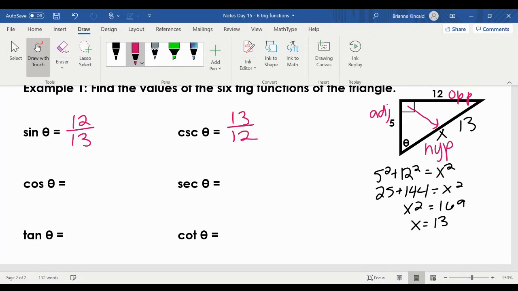Cosine, the adjacent over the hypotenuse, that's 5 over 13. Reciprocal of cosine is secant, so I flip it, it becomes 13 over 5. Tangent, the opposite over the adjacent, 12 over 5. Reciprocal cotangent is 5 over 12.